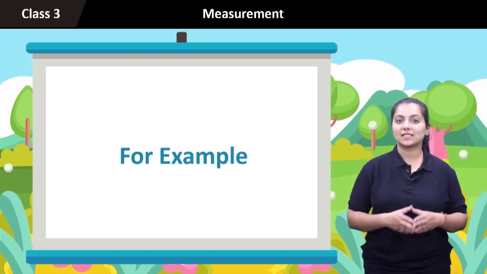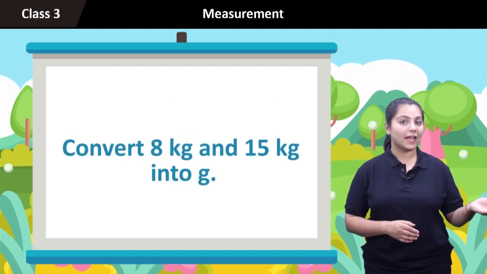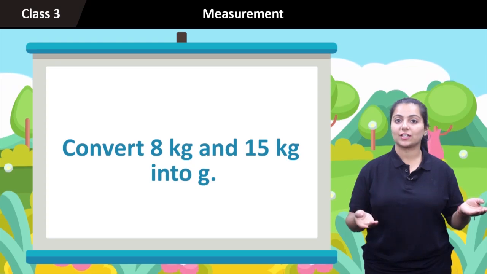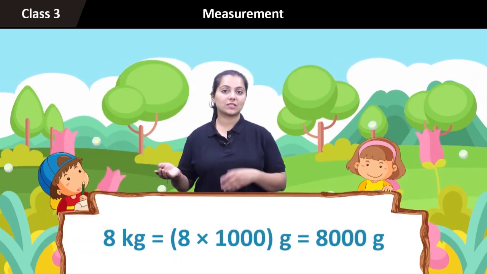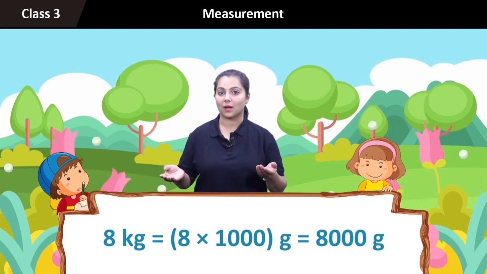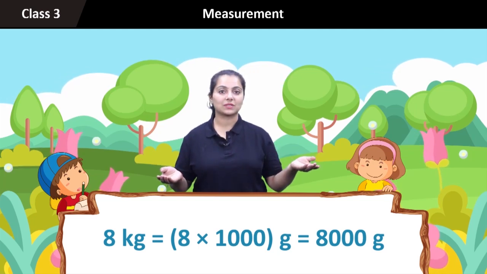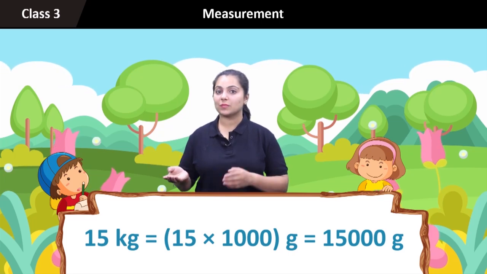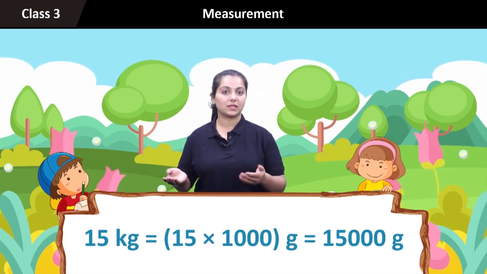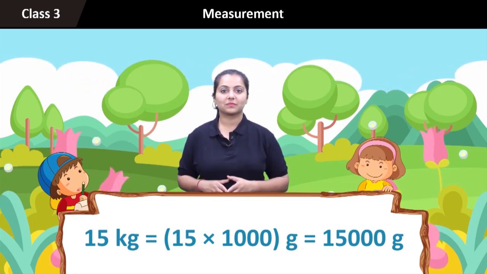Now let's see one example. Convert 8 kg and 15 kg into grams. 8 kg is equal to 8 multiplied by 1000 gram, which is equal to 8000 grams. 15 kg multiplied by 1000 gram is equal to 15,000 gram.